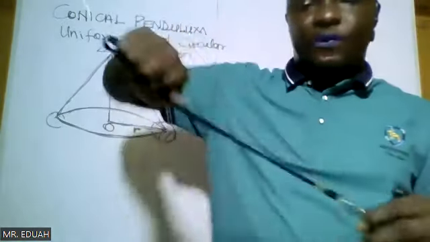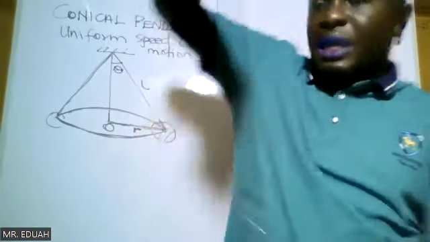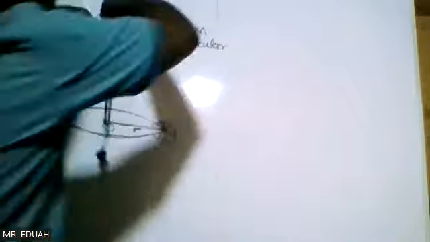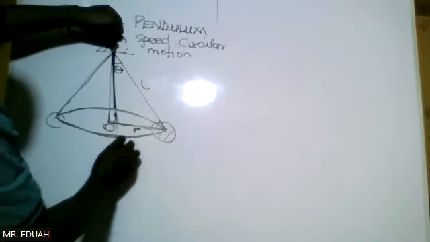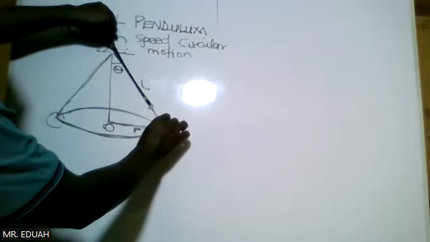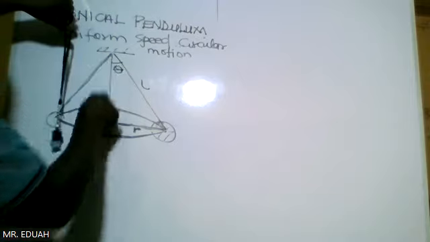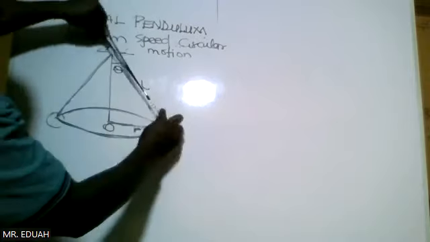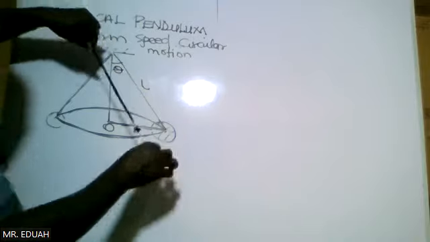Then the conical pendulum is also an example of horizontal revolution, but this time the string is made to make an angle theta degrees with the vertical. So the angle between the vertical and the length of the string L is theta.